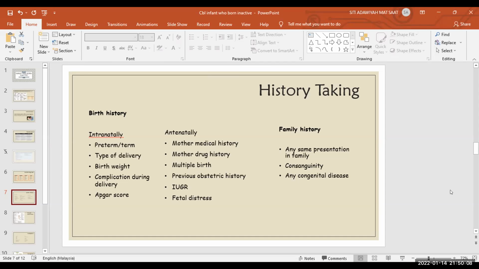And we need to know whether there is a previous obstetric history, and whether the baby has fetal distress or IUGR. For the family history, we need to ask whether there is any consanguineous marriage in the family, or any other congenital disease.